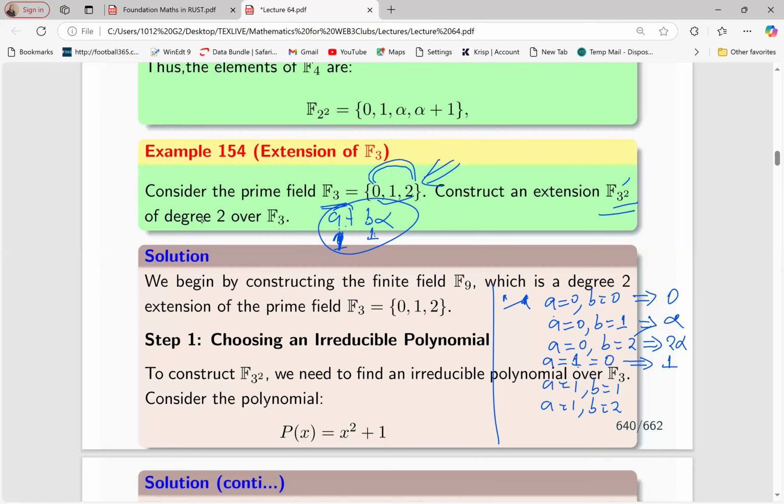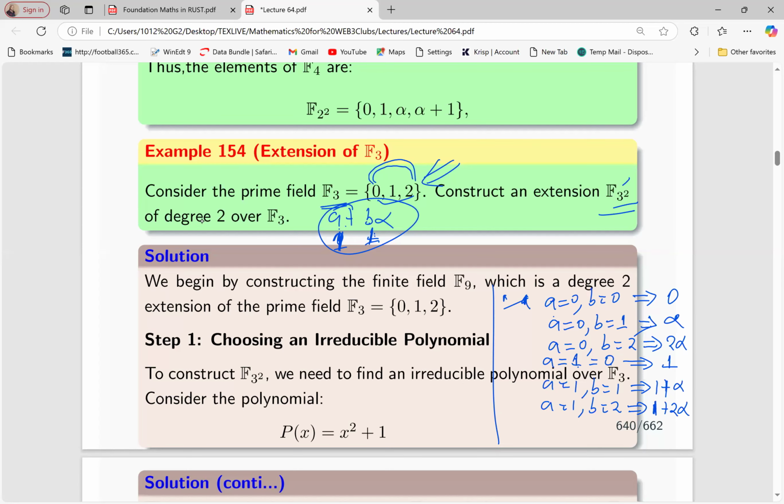Considering the other possibility, A is 1 and B is 1, we have 1 plus alpha. And then we have 1 plus 2 alpha. So generating these elements is very easy.